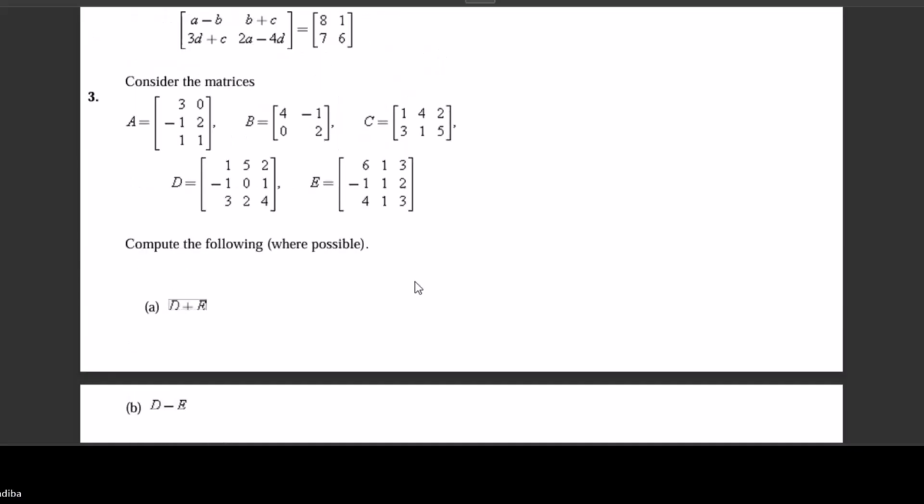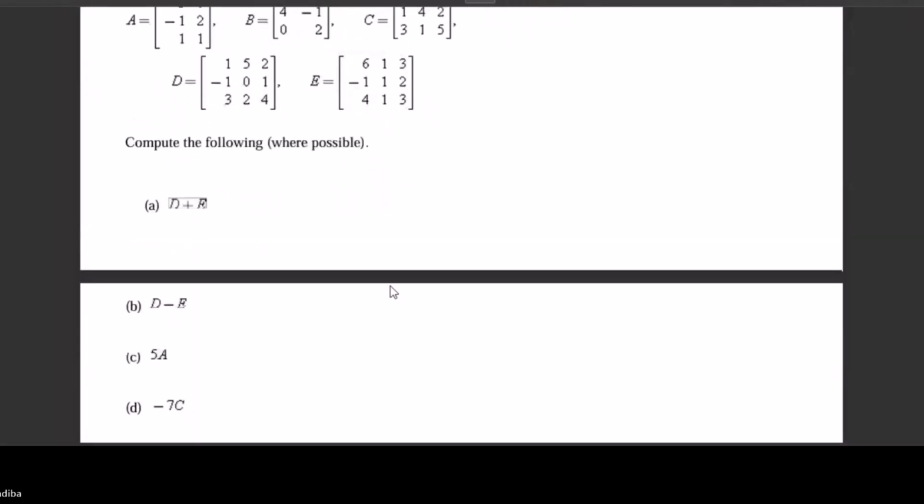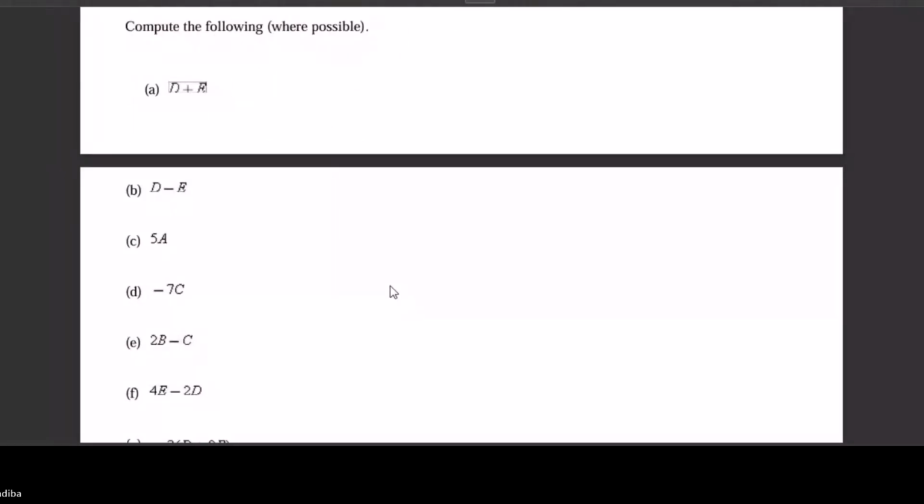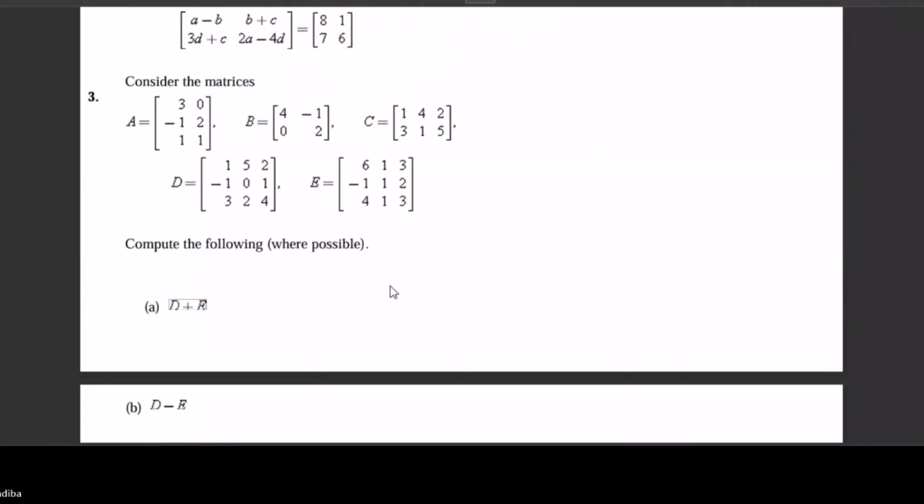Any volunteer for number E? Please go ahead, my sister. It's not possible because the first matrix is 2 by 2, and then the second one is 2 by 3, so we cannot have the difference. I agree with you.